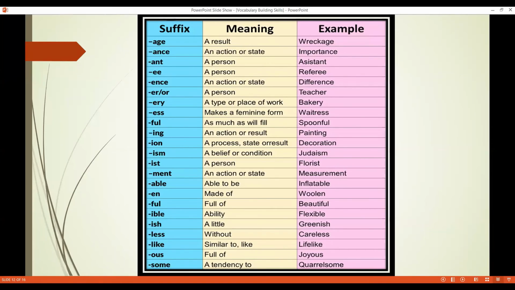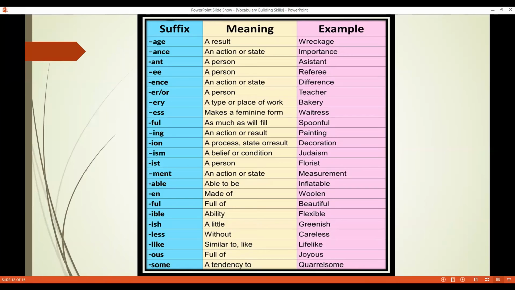So for your facility, I have included this slide. Needless to say, it has a list of a few important suffixes that we can use in our class collaborative sessions, the meanings of those suffixes, and the examples. So have a look at them.